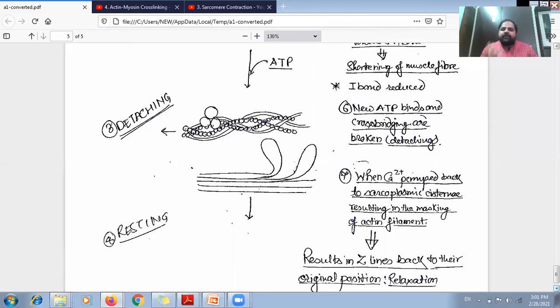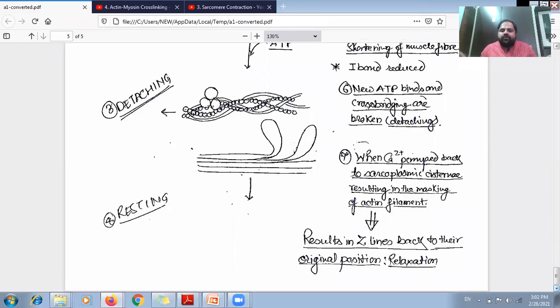Then the troponin will again mask the active site of the actin. It reverts the Z line back to the original position. Now the relaxation takes place. So all these four steps explain how the sliding of actin takes place over the myosin band.